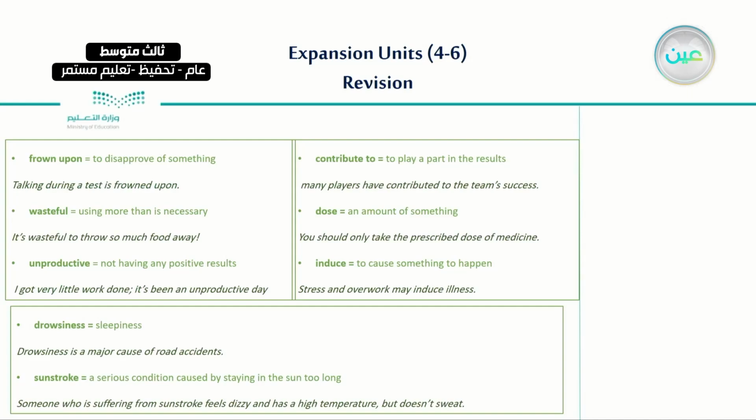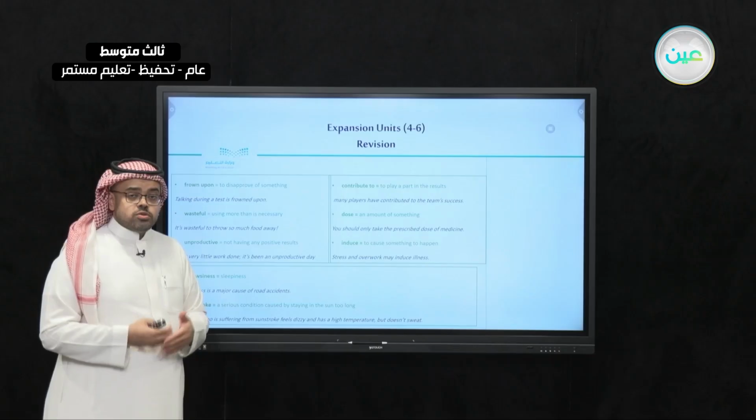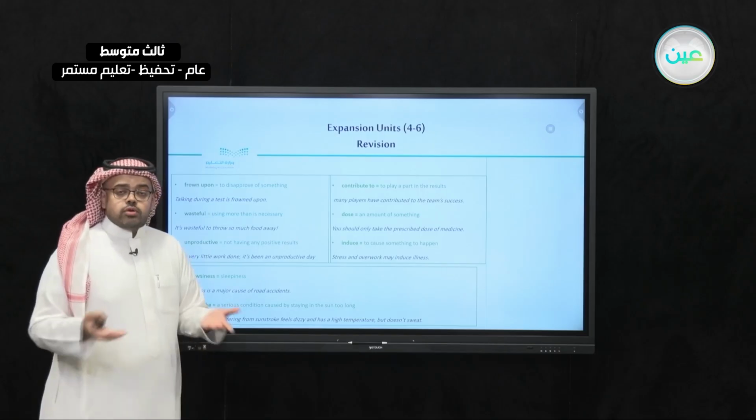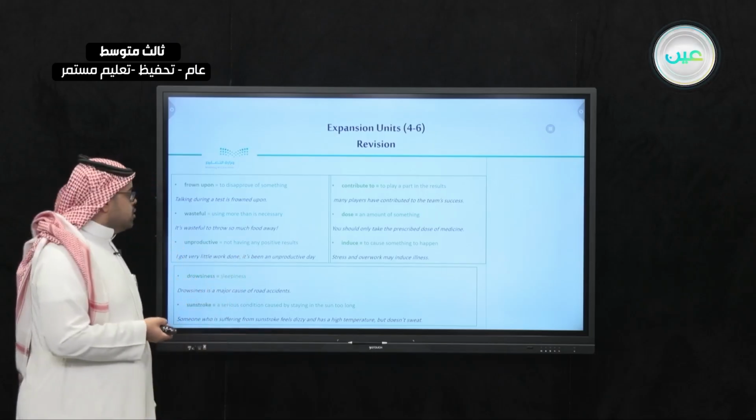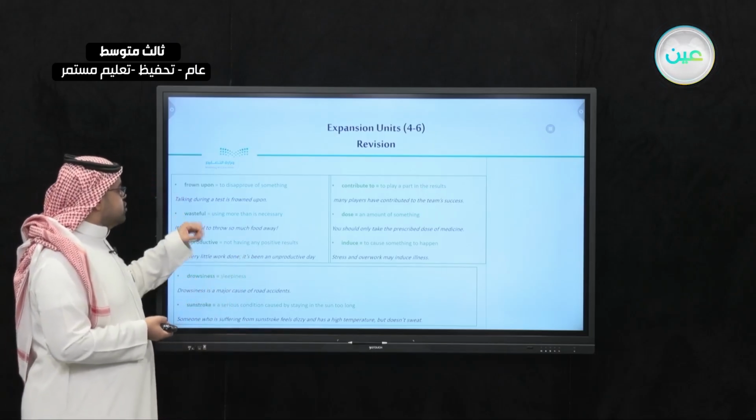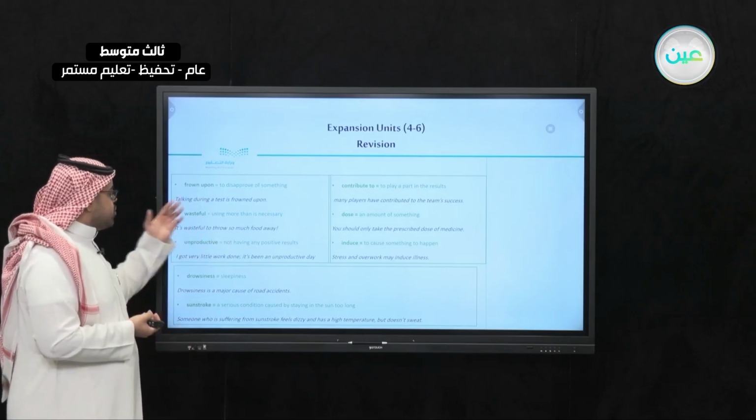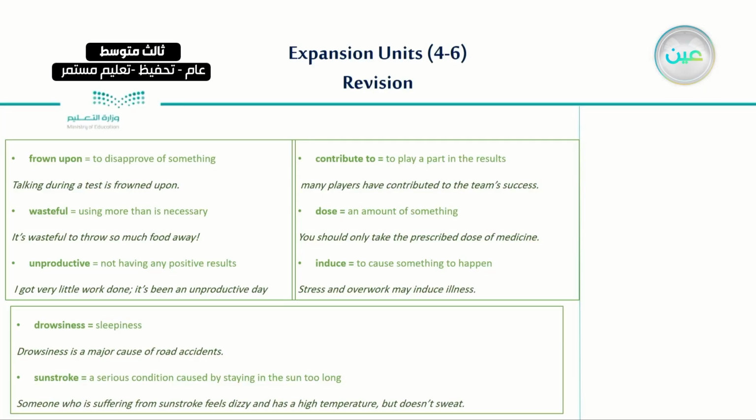And we have been introduced to new vocabulary and new terms. Just a quick reminder. For example, frown upon means to disapprove of something, and we gave an example of this. Wasteful means to use more than what is necessary. Unproductive means not having any positive result, and this is its example.